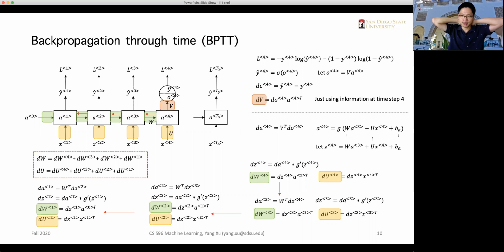So I think we can end today, and you will go back and spend some time on the forward pass and backward pass of recurrent neural networks, and hopefully this will help you understand how recurrent neural networks are different from regular neural networks.